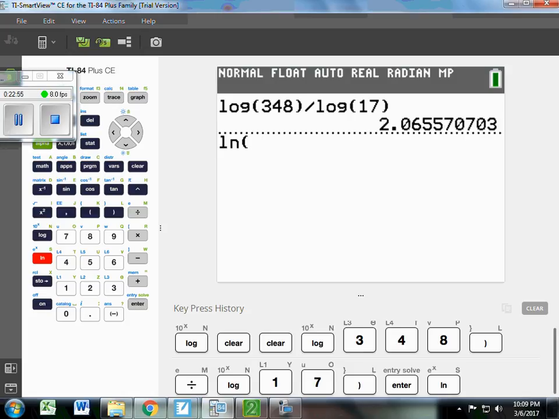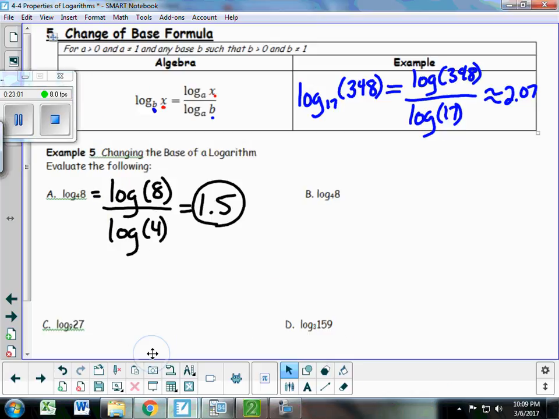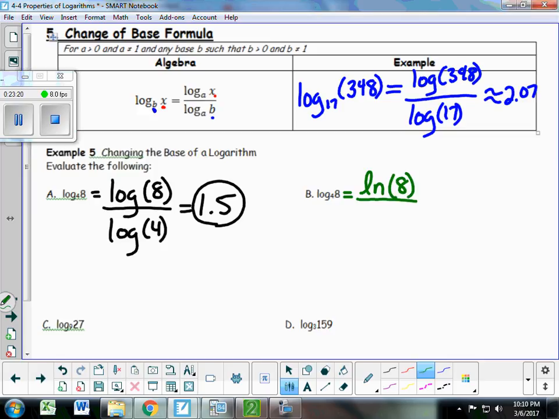But this has a base, it's a base of E. E is a number that we'll talk about later. Let's not worry too much about that, but it's just another way that we can do the change of base formula. So, for example, instead of the common logarithm with base 10, we could do this natural logarithm ln of 8 divided by ln of 4.